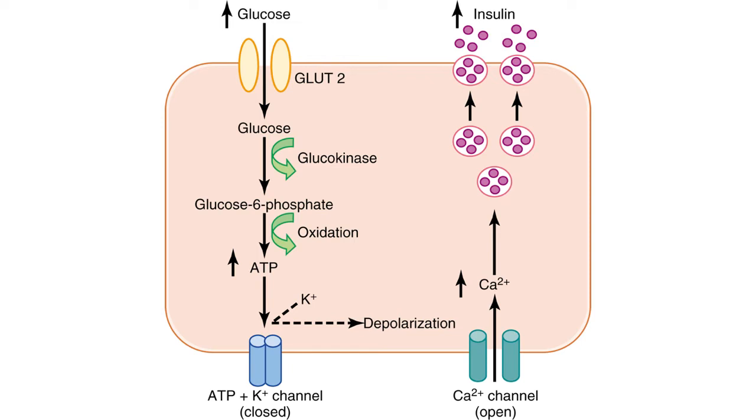Since potassium is a cation, that will make the interior of the beta cell progressively more positive, and that will lead to depolarization or a more positive intracellular environment. Once depolarization has already occurred, that will lead to the opening of calcium channels.